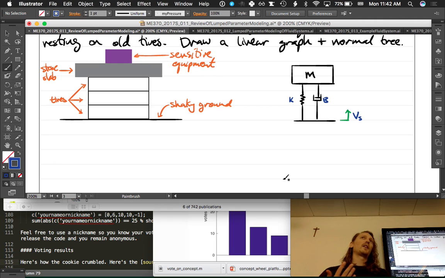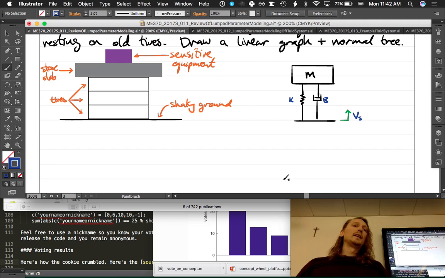So we know that if you were to take your sensitive equipment and hilariously just drop it on the stone slab, it would probably make the table shake for a minute, right? But it would stop shaking. If there was just a spring there, it would just shake forever, right? It would never dissipate that energy. So energy is being dissipated somewhere.